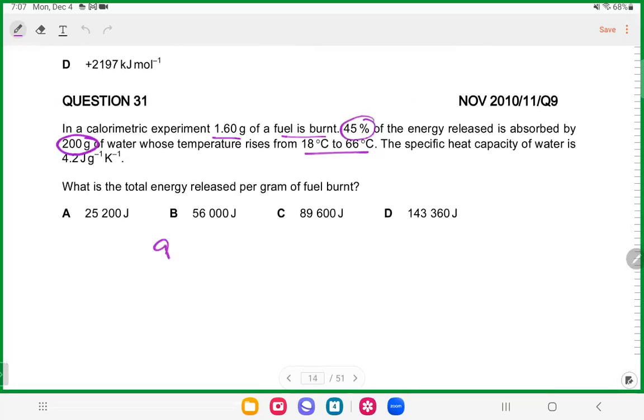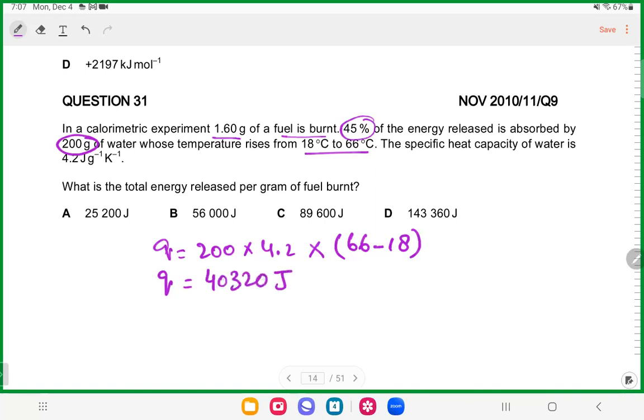So Q, m कितना है, 200 multiply by 4.2 is the c value, multiply by 66 minus 18. So can you give me the Q value? Joules. 40320 joules.